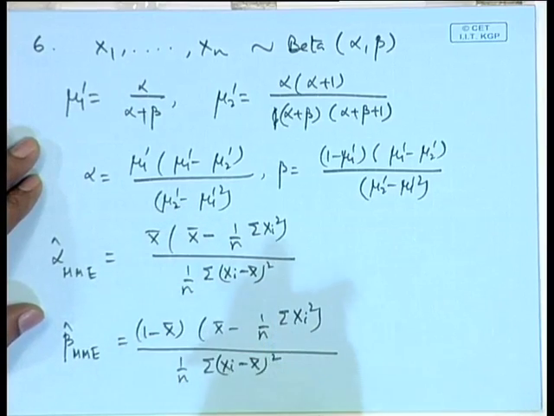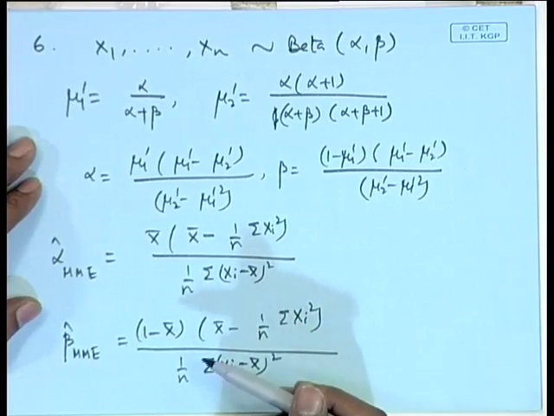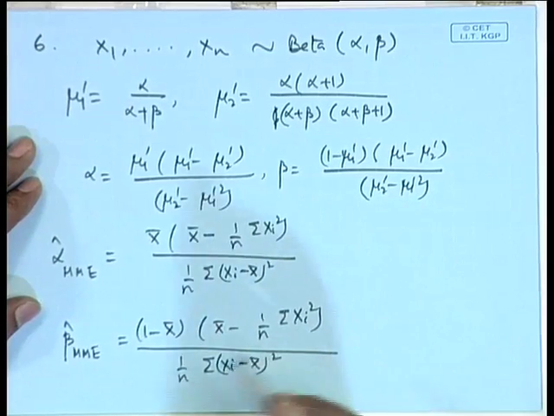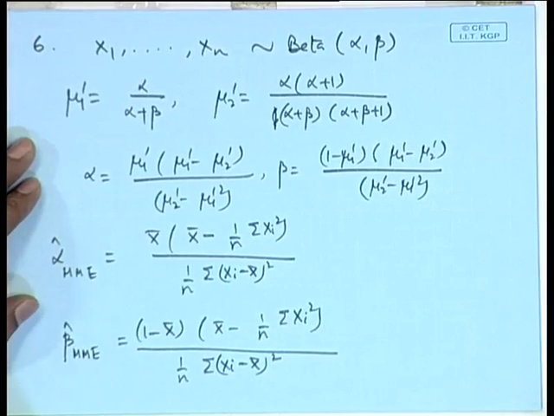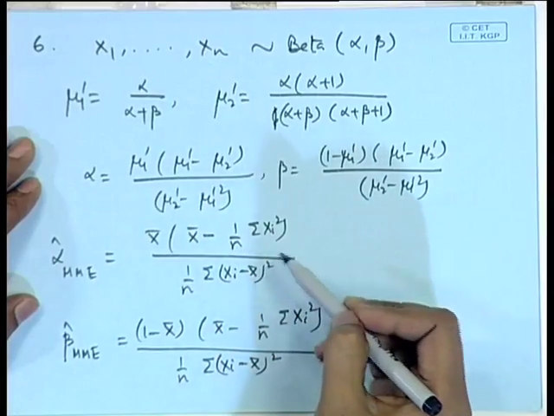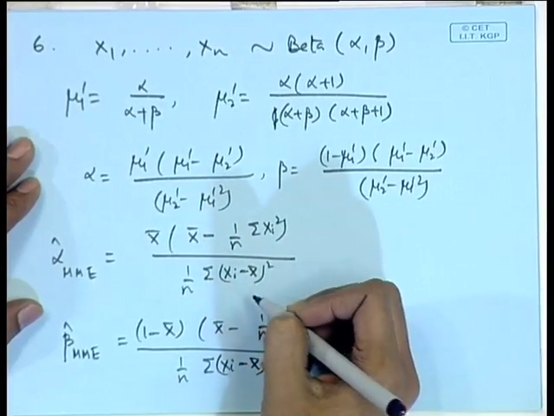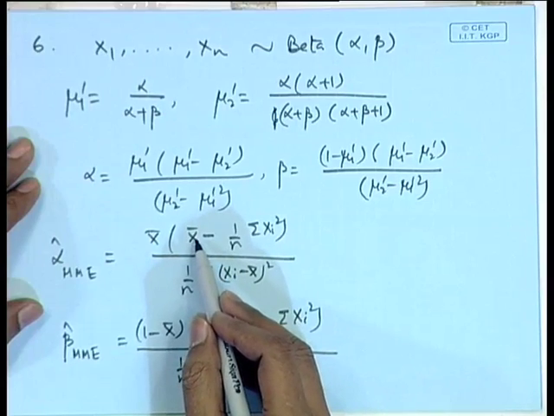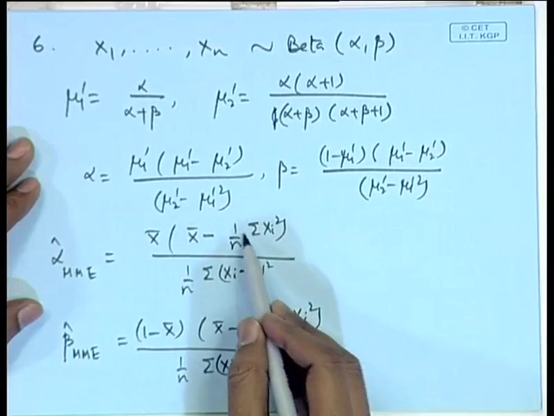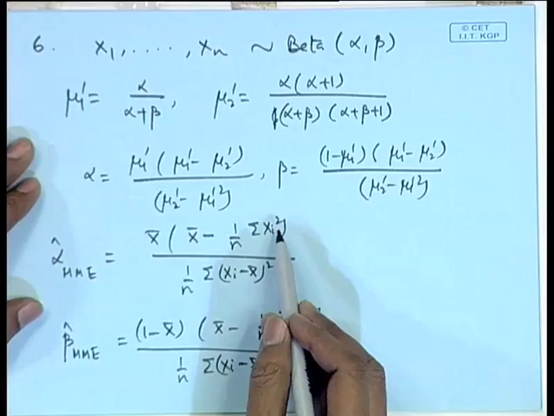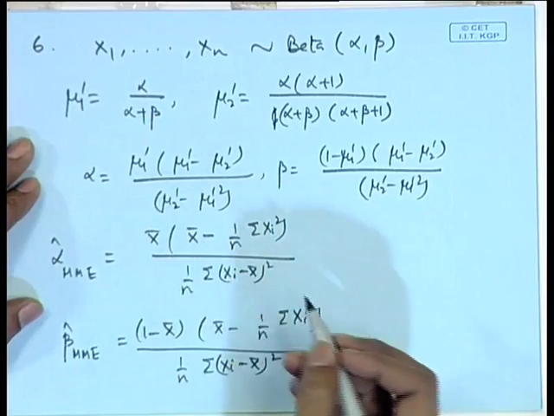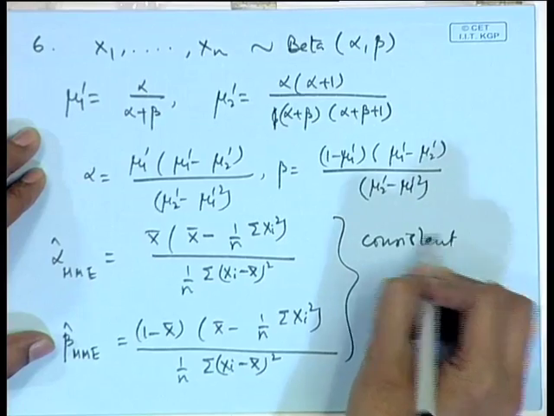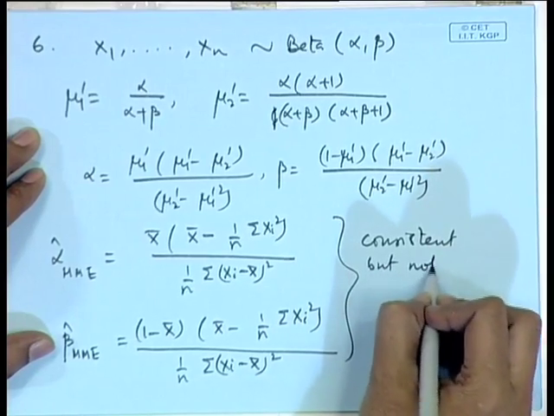In all these cases, you can see that checking of the unbiasedness is extremely difficult. In fact, they will not be unbiased. Of course, consistency may still hold in most of the situations if the denominator is non-vanishing. For example, here x bar will be consistent for mu 1 prime and 1 by n sigma x i square will be consistent for mu 2 prime, and therefore, they will be consistent, but not unbiased.